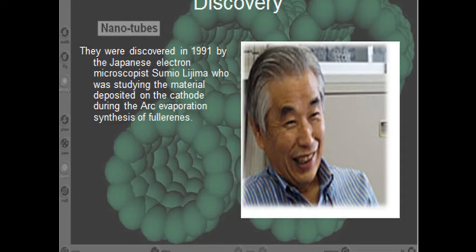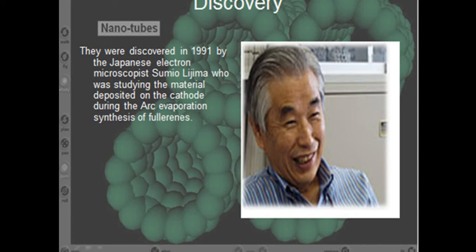My dear friend, he is the father of carbon nanotube. He is the Japanese electron microscopist, Japanese scientist Sumio Iijima. He discovered the carbon nanotube in 1991. He was doing an experiment on the arc discharge method, deposition of fullerene, and accidentally discovered the carbon nanotube.